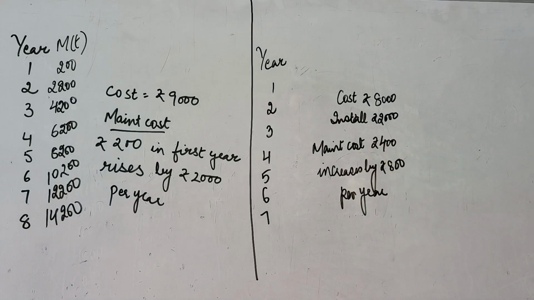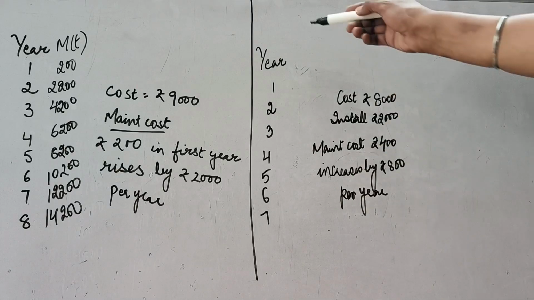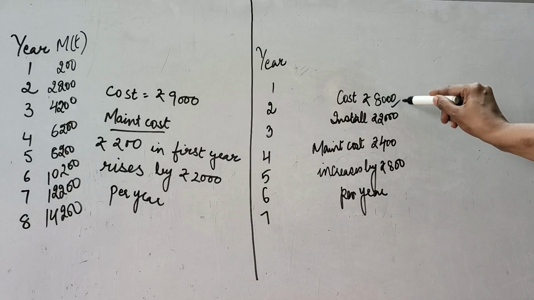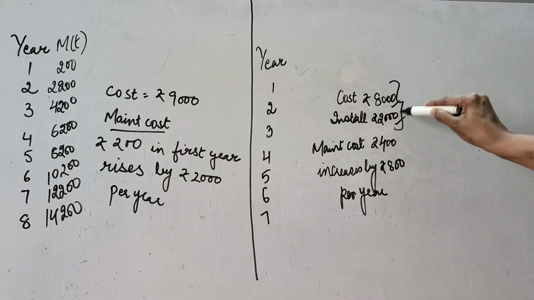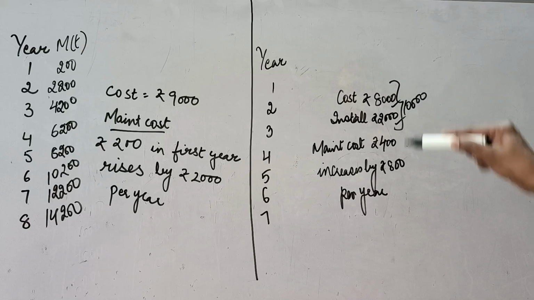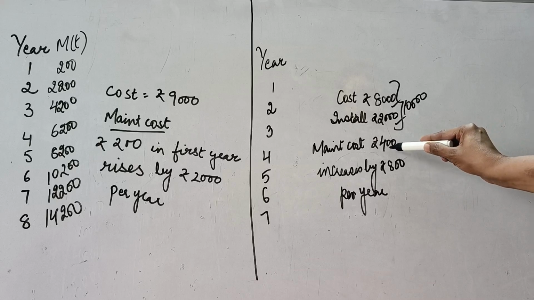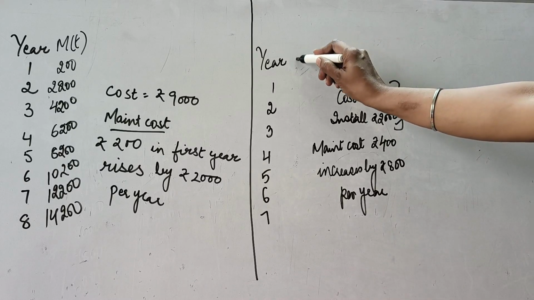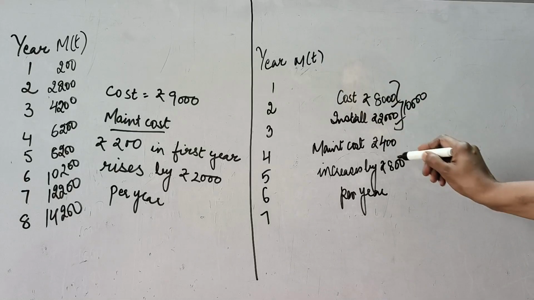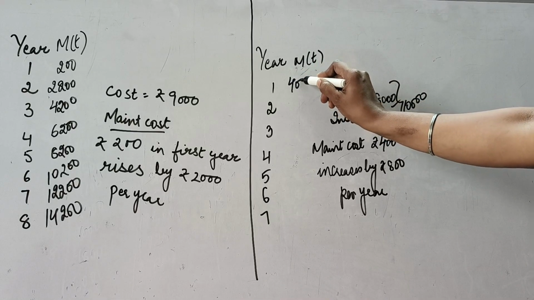So in the second machine, the data has been given. The cost is rupees 8,000 and installation is 2,000. So we can say that the cost is rupees 10,000. As I told you, installation is part of the cost. Maintenance cost is rupees 400, which increases by rupees 800 per year. So the maintenance cost of machine 2 is 400 in the first year.